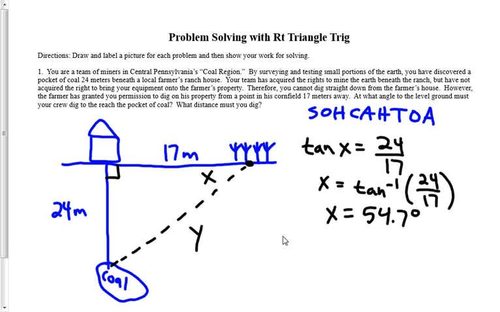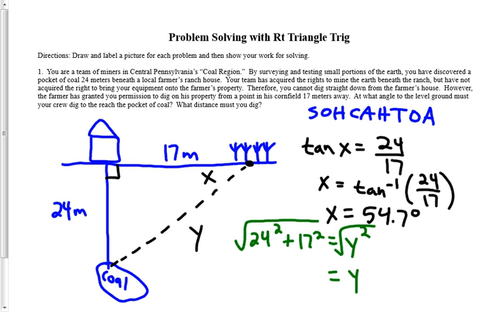Now to find the distance that I have to drill, I have a right triangle. I know 2 of the 3 sides. I can simply use the Pythagorean theorem. So a squared plus b squared equals, in this case, y squared. So if I take the square root of both sides, that'll give me what y equals.